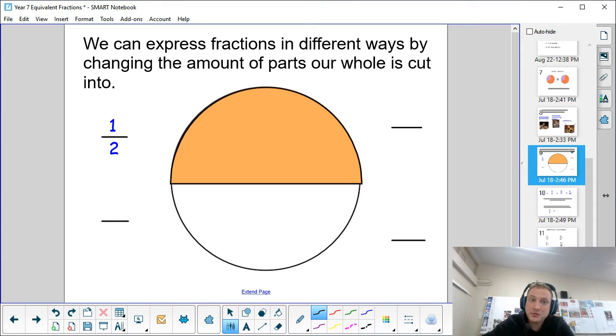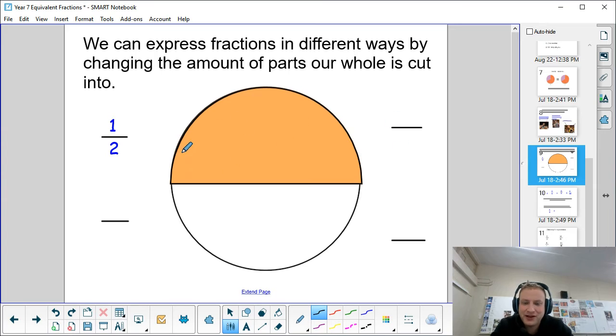When dealing with equivalent fractions, I think it's really, really important that we are able to visualize what's happening here. And the most important part of it is recognizing that when we change the way our fraction looks and when we express it differently, give our fraction a different name, we're not actually changing the size of what we're dealing with here, right?